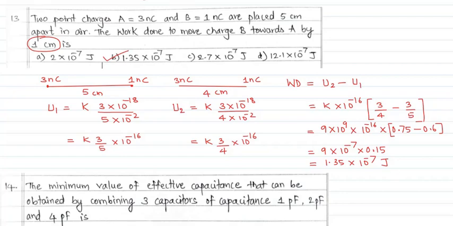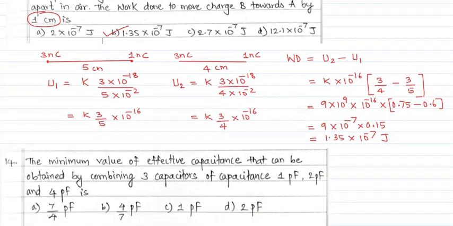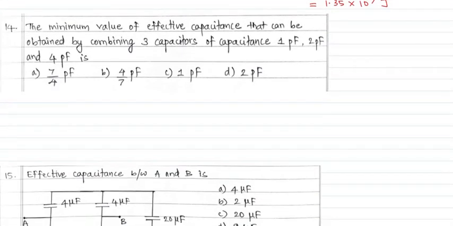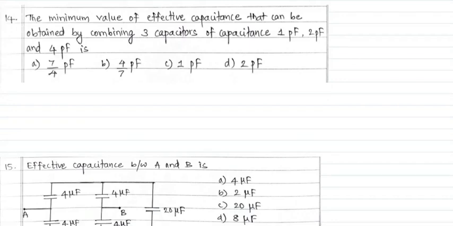Clear, students? Next one. The minimum value of effective capacitance that can be obtained by combining three capacitors of capacitance 1, 2 and 4 picofarad. Minimum value of capacitance you will get when they are connected in series.